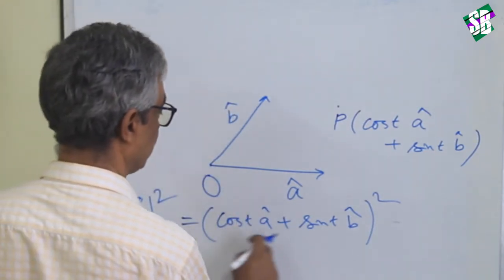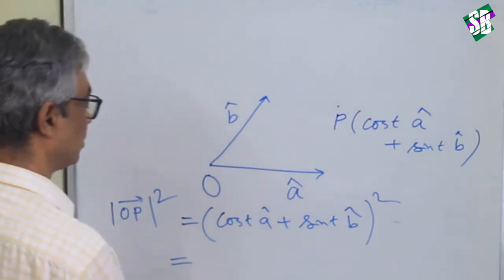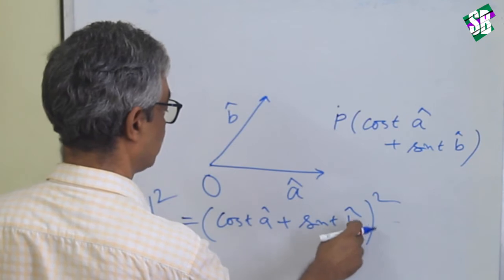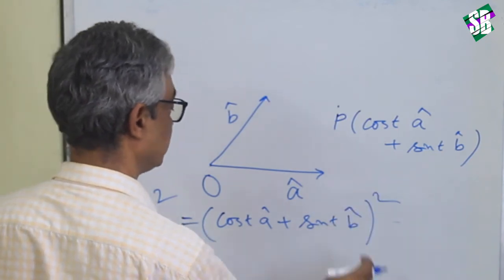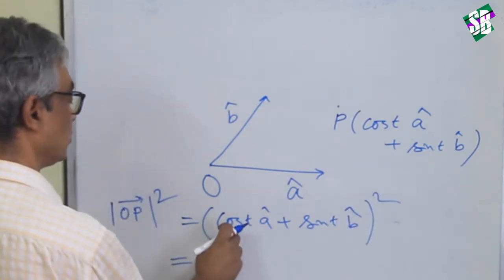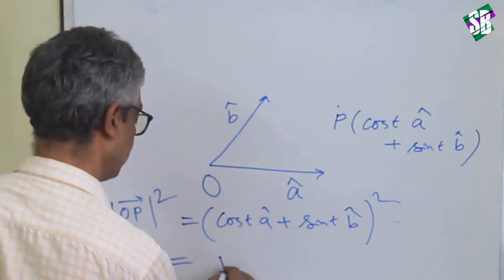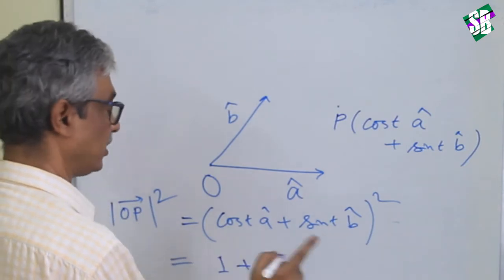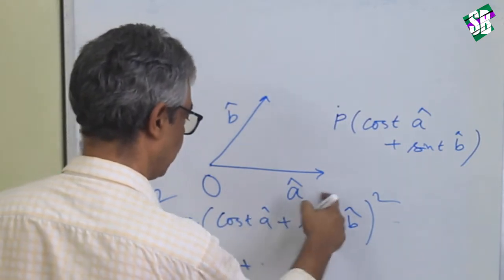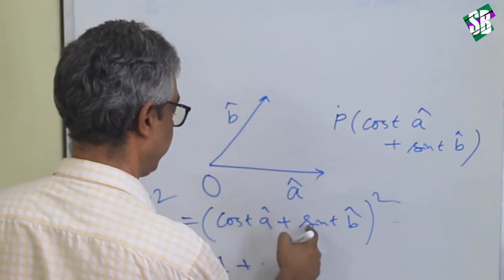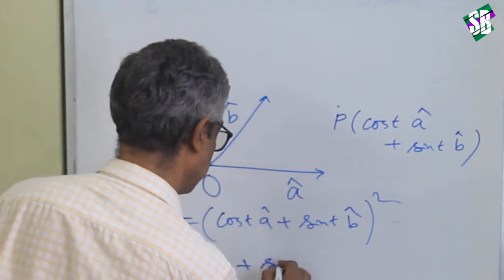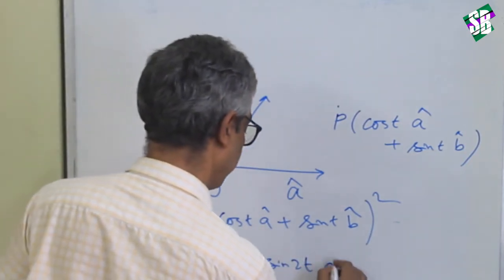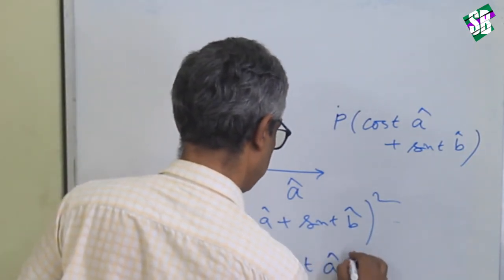So a cap square means 1, so cos square t. This is sin square t, b cap square is 1 because this is a unit vector. So cos square t plus sin square t is 1. Now 2ab, so 2 times this vector dot this vector. So 2 sin t cos t is sin 2t. And here you have a cap dot b cap.